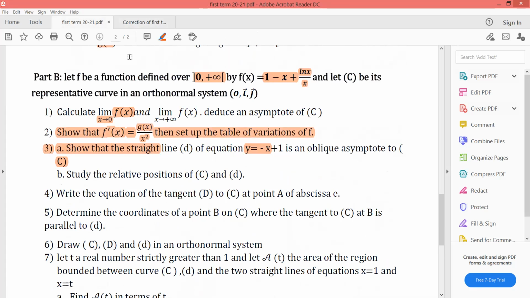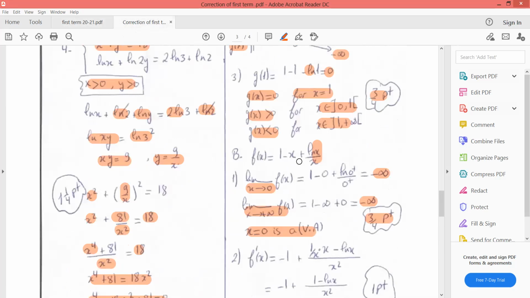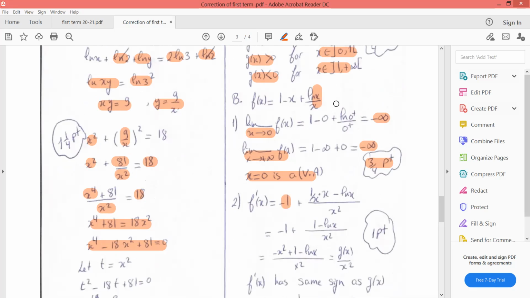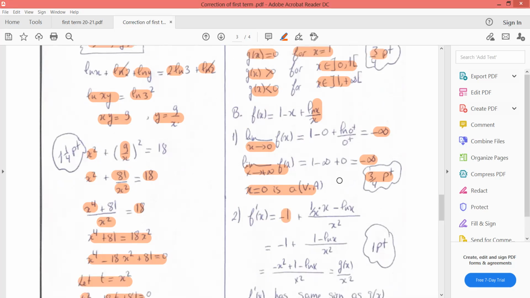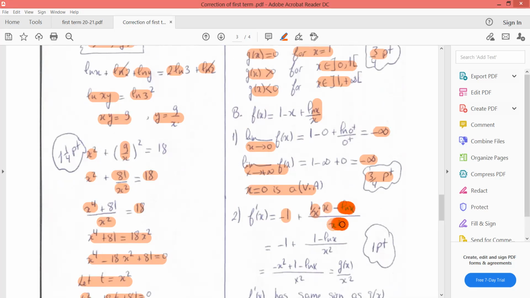f prime x equals g(x) over x squared. The derivative of 1 is 0. The derivative of minus x is minus 1. And here it is of the form u over v. u prime, the derivative of ln x, is 1 over x, times v, which is x, minus v prime, the derivative of x which is 1, times ln x, over x squared.